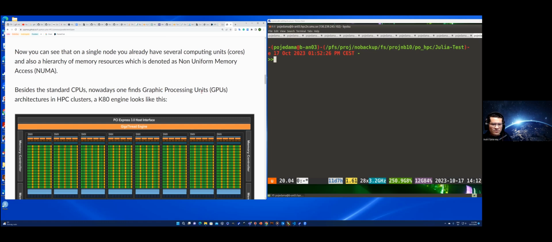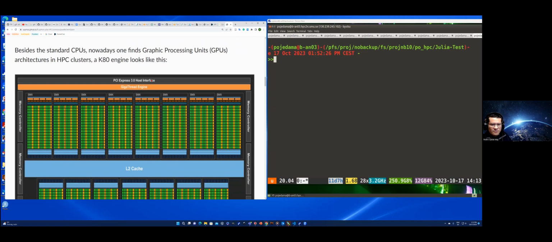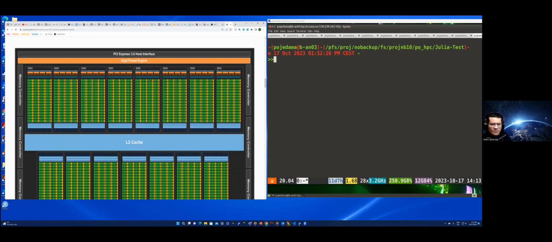These are the graphic processing units, GPUs, and they are available at UPPMAX and also at HPC2N. And here you can see a big difference with respect to the CPU architecture that I mentioned before.